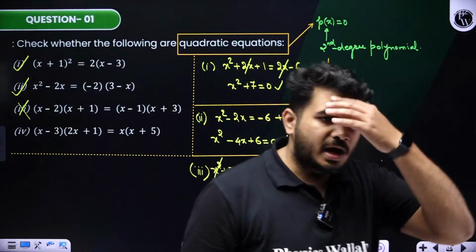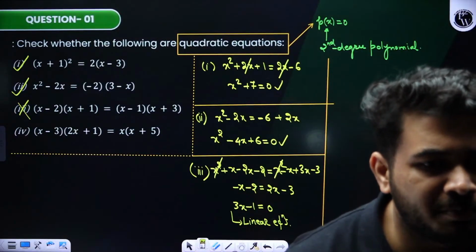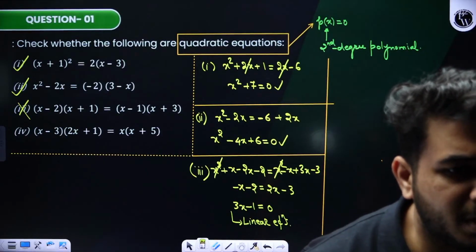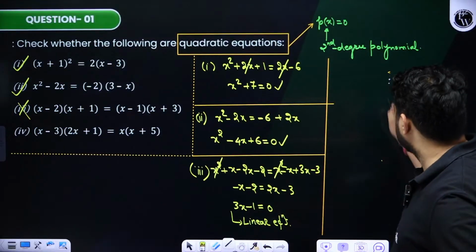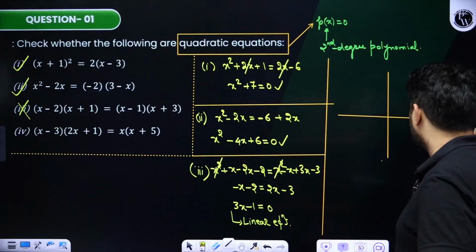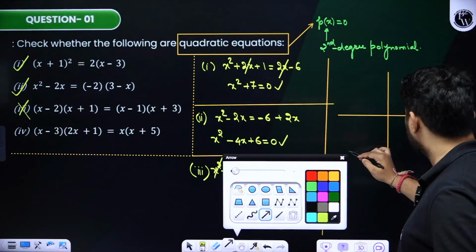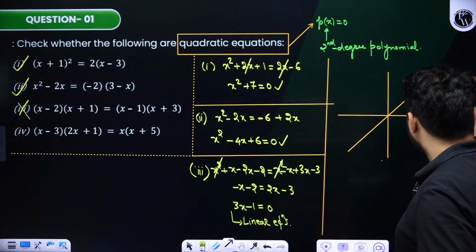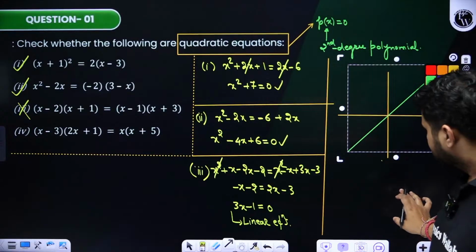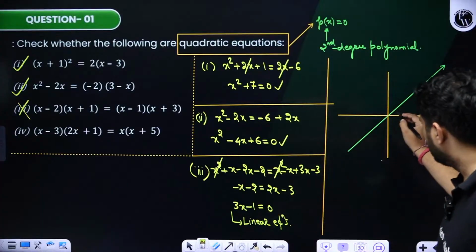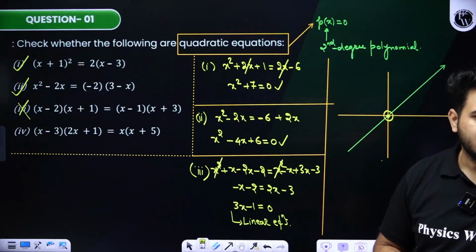Now, the number of zeros of the polynomial p of x, given the graph is passing through the origin. So it will have only 1 zero, students. Is the graph like this? The graph passes through the origin. The number of zeros will be 1 because it will be a linear graph.